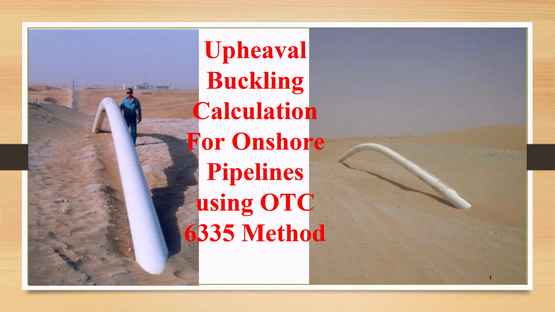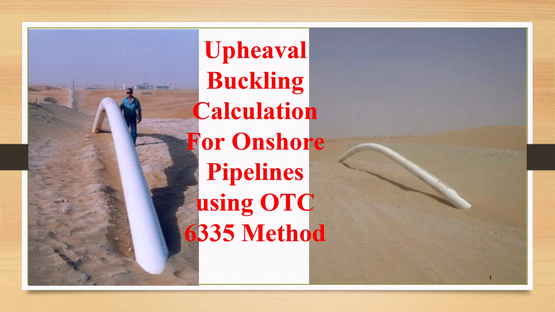If this type of situation arises in any buried pipeline system, it is known as upheaval buckling. The phenomenon is buckling, meaning the pipeline has buckled, and it is in the vertical direction. That is the reason it is called upheaval buckling.